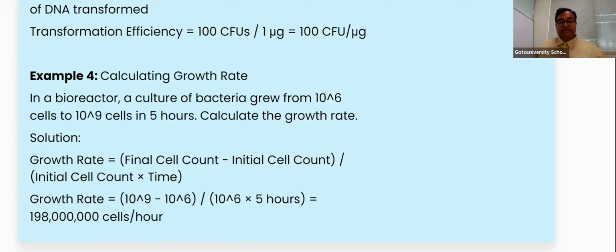So we subtract 10 to the power of 6 from 10 to the power of 9, then divide by 5 hours. The answer is 1 lakh, 1 crore, 98 lakhs cells per hour. This is the way they will ask you to calculate the growth rate.